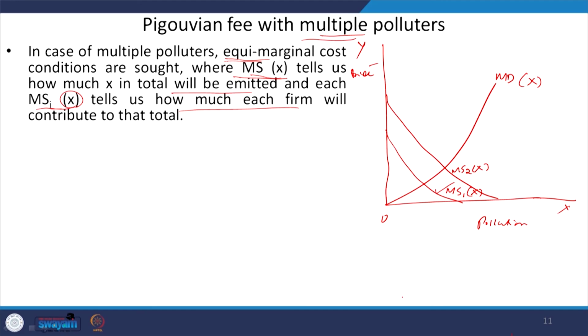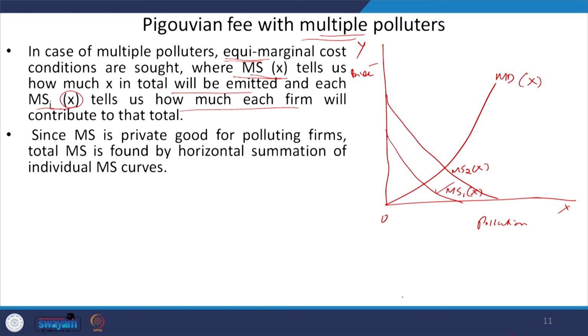So, what we need to find out is the total marginal saving function. Okay. So, how to find this total marginal saving function? Now we need to be careful about what kind of good it is, whether this marginal saving from the pollution is a private good or a public good. Obviously, it is a private good.